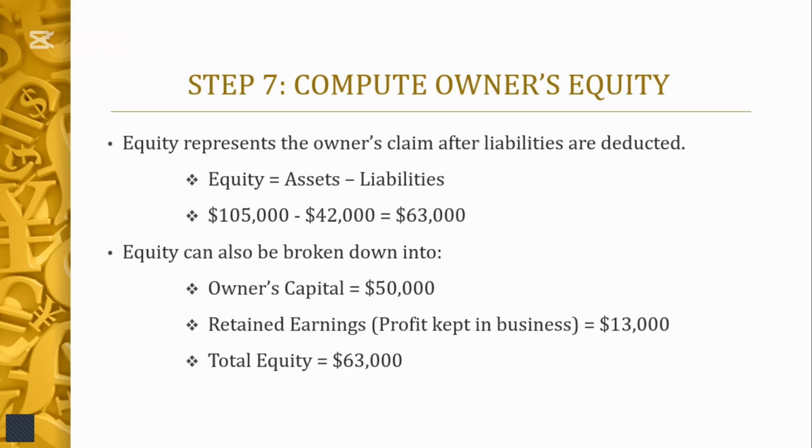In addition, any money that has been kept back in the business when revenues are taken into consideration and when we minus expenses to get our profit, any of that kept back into the business belongs to the owner also. So, in this case now, equity can be broken down into what the owner has invested, 50,000, plus our retained earnings of 13,000, giving us our total equity of 63,000.